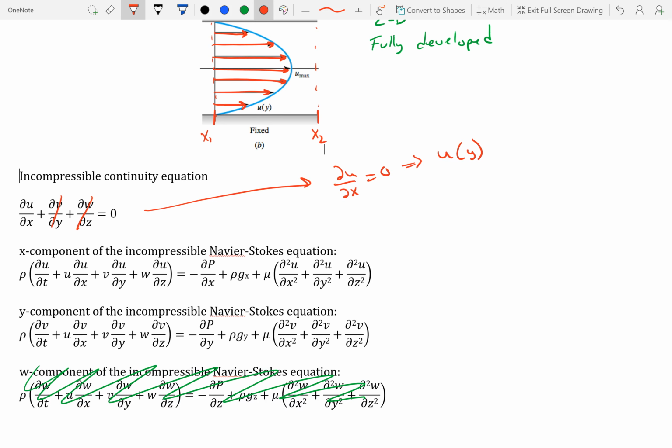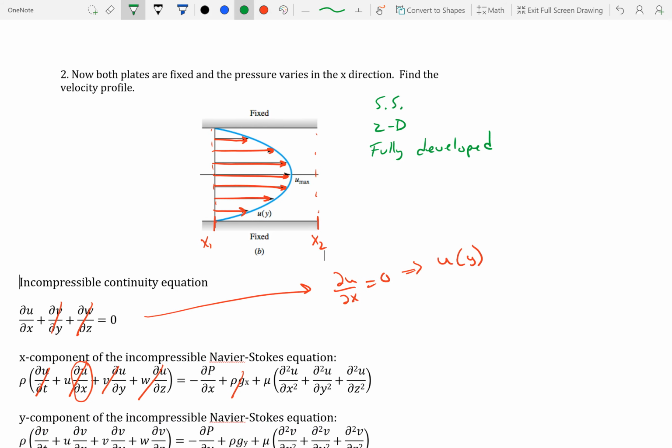All right, boom. From the continuity, we get this. So let's plug in, so it's steady state, so that term goes away. We just said that du dx is 0, so that term's gone away. There's no v and no w. There is a pressure gradient. We're going to ignore gravity. We can put that in there too.